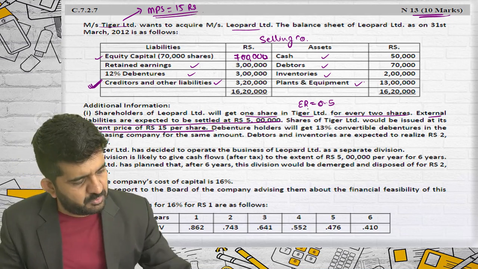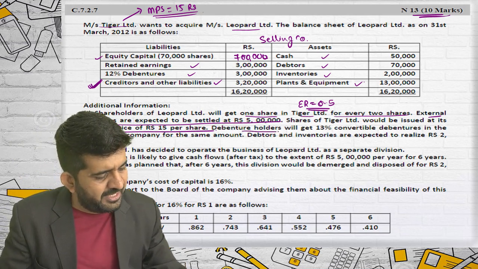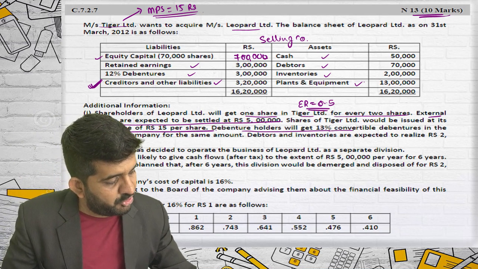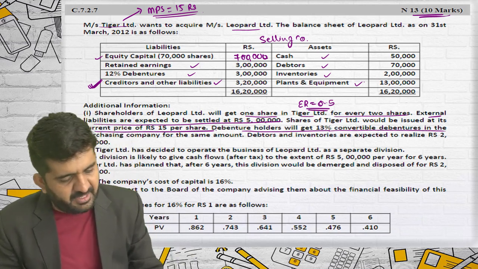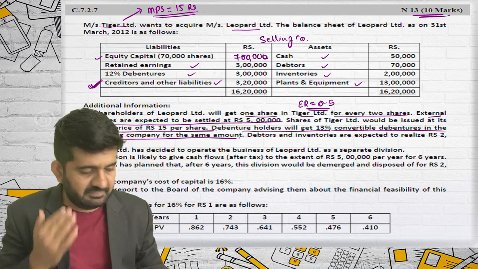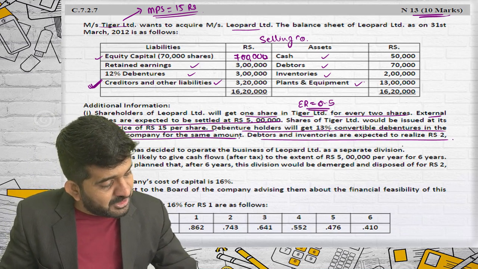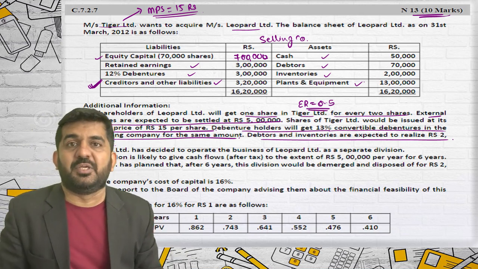How many shares will be issued at an exchange ratio of 0.5? Debenture holders will get 13% convertible debentures in the purchasing company of the same amount. Debtors and inventories are expected to realize 2 lakhs rupees.